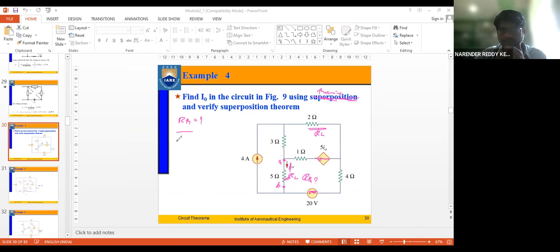We have drawn resistors here of 3 ohms, 1 ohm. This was shorted, and this was a resistance of 2 ohms, 4 ohms, and this was A, and this was taken as B, right? So this is A, B, this is 1, 3, 2, and 4. How are these two connected? These two are connected in series.